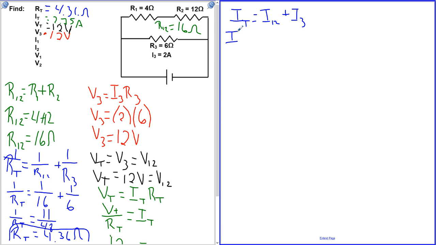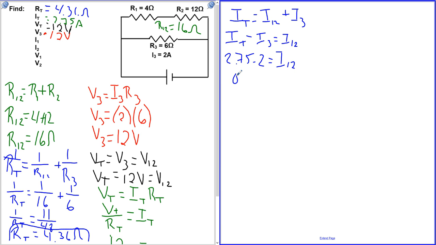Let's manipulate that first so that we can get I12 by itself. I total minus I3, which was one of my original givens, equals I12. So I total, my 2.75 amps, minus I3, which is 2 amps, equals I12.